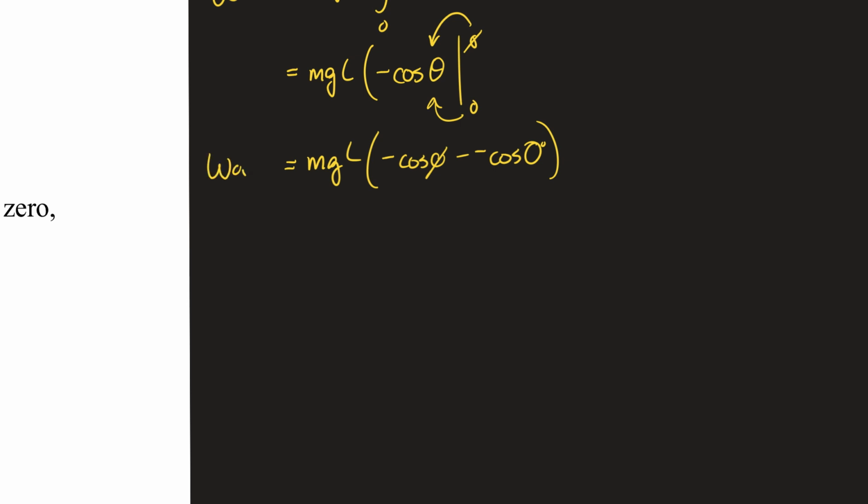Work done. What is the cosine of 0? So this is mgl times 1 minus cosine phi, where phi represents the angle that we pull the rope to. Not a surprise, correct?